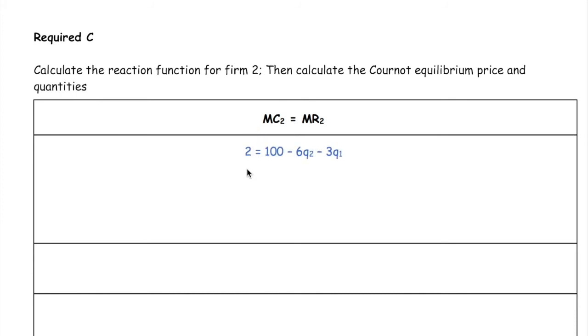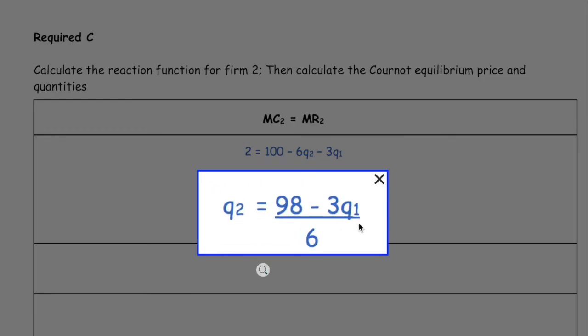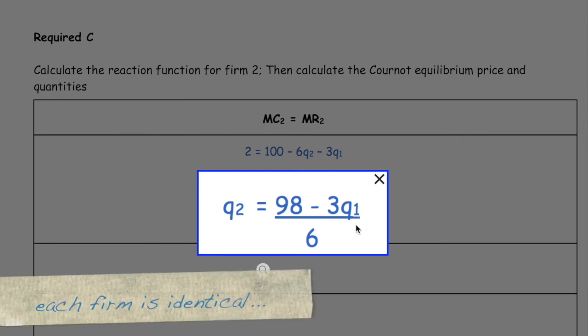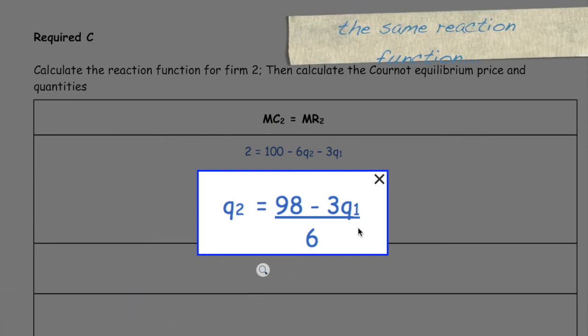So first, let's come up with this reaction function exactly like we did earlier. If I equate MC to MR, I'm simply going to say that 2 equals 100 minus 6Q2 minus 3Q1. And if I isolate Q2, I'm going to end up with Q2 equals (98 minus 3Q1) all over 6. Now, one thing that should be obvious is that since the two firms are identical, they're each going to have the same reaction function.